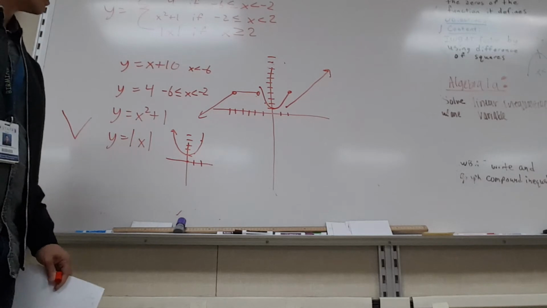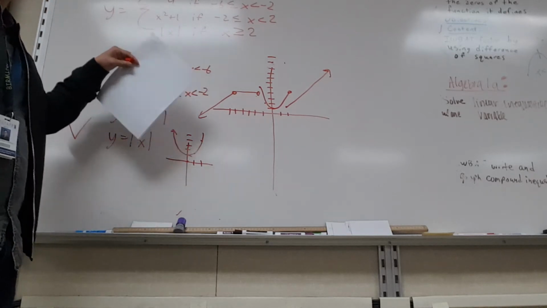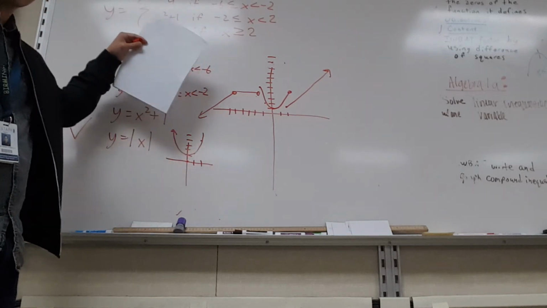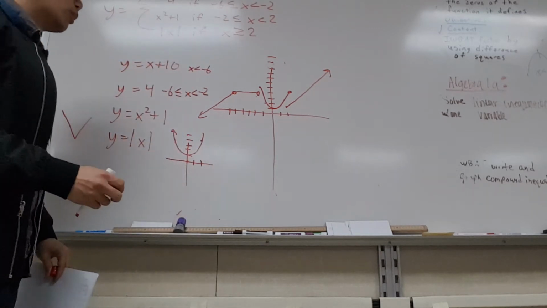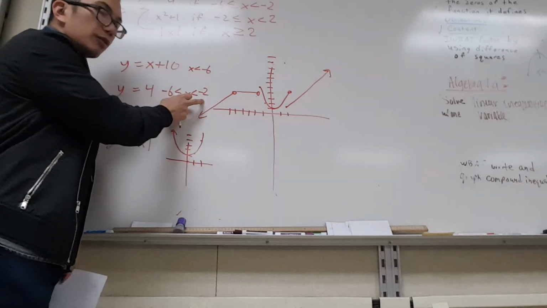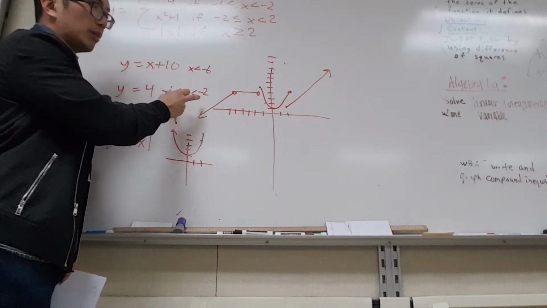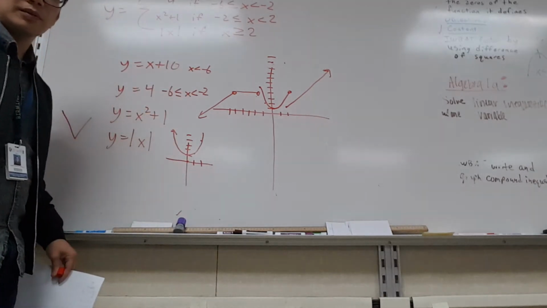Okay? You take each little part. The way to do this is just divide your piecewise function into its little parts and graph each one separately. When you graph them, you're going to use the interval to help you determine where to cut off your graph.